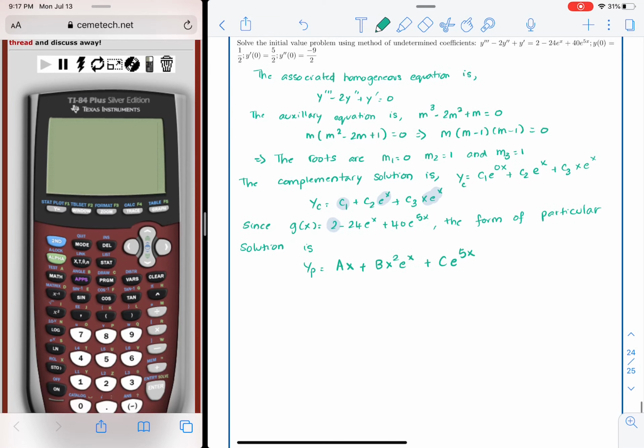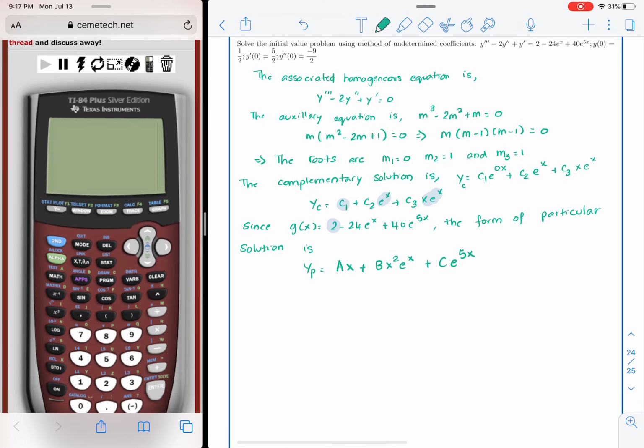Now we have to find the derivatives. Yp prime is a plus b e raised x times 2x plus x squared times e raised x plus 5c e raised 5x. Yp double prime, the first derivative is 0. The first constant would become 0.